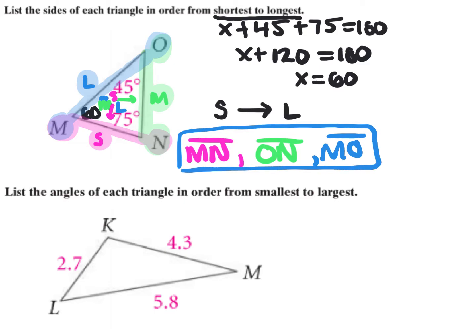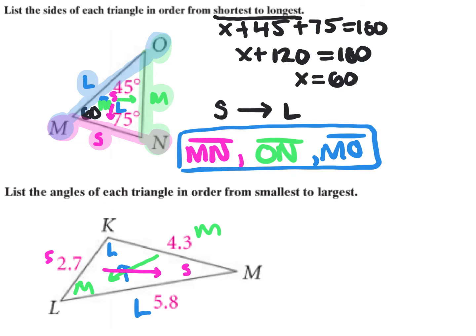For the next example, I'm again going to begin by identifying. My largest side is 5.8, so the largest angle is straight across. The medium side is 4.3, so the medium angle is right across. And the smallest side is 2.7, so the smallest angle is straight across.